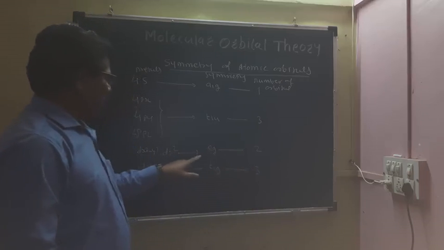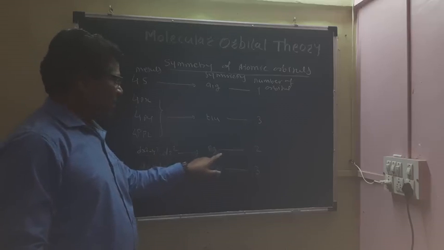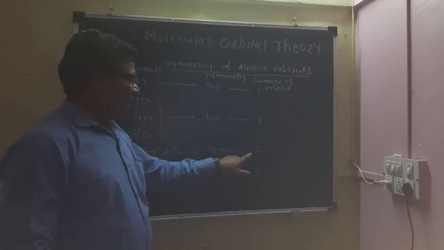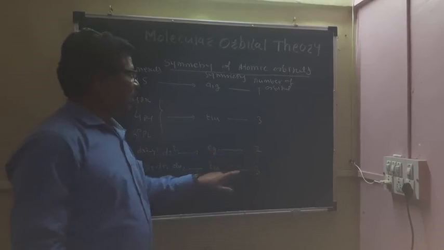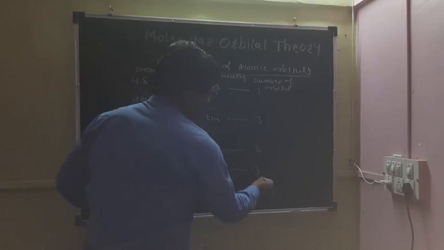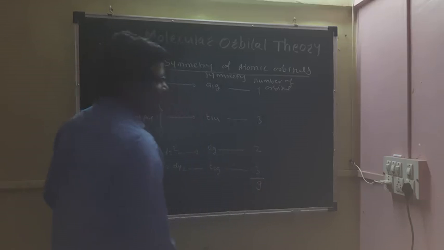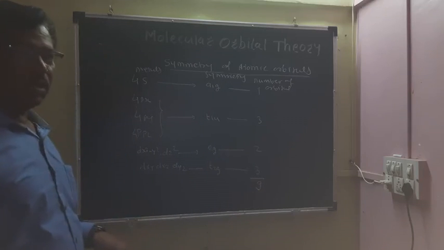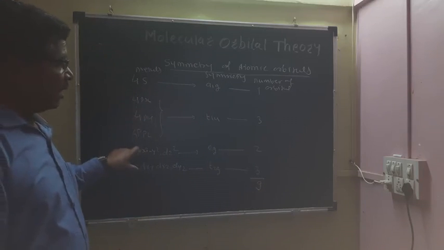The dx²-y² and dz² orbitals are represented as Eg orbitals, and the number of orbitals is 2. In total there are 9 atomic orbitals of the central metal.